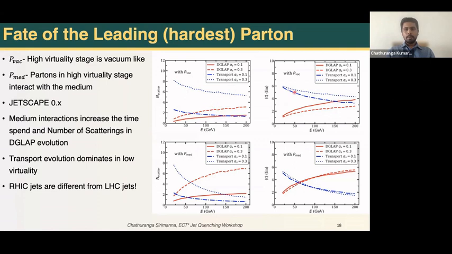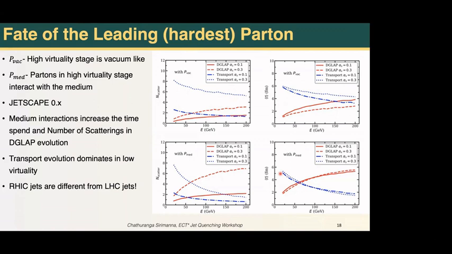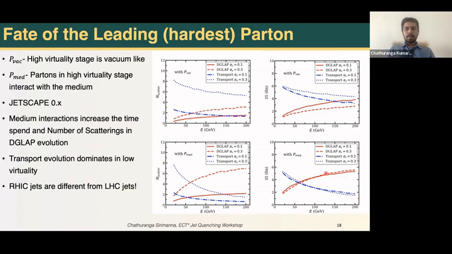Here, the two plots at the top are with the vacuum splitting function, and the bottom two plots are with the medium splitting function. The two plots on the right show the average time spent in each stage with respect to the energy of the parton, and the left-hand side plots show the average number of scatterings in different stages with respect to energy.